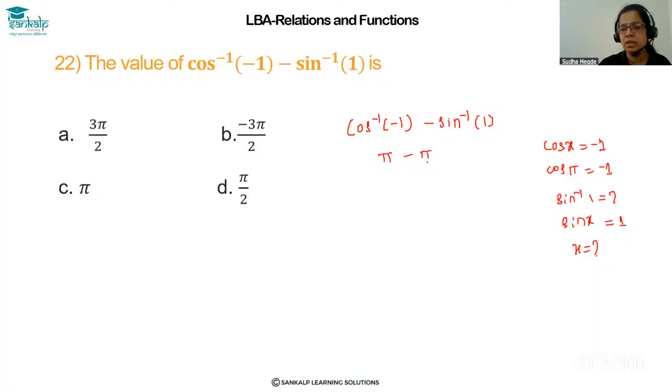So sin inverse 1 is pi by 2. So pi minus pi by 2 is pi by 2 only. Therefore, check the options. Option D, pi by 2 is the correct answer. So cos inverse minus 1 minus sin inverse 1 is pi by 2. Got it right? Thank you.